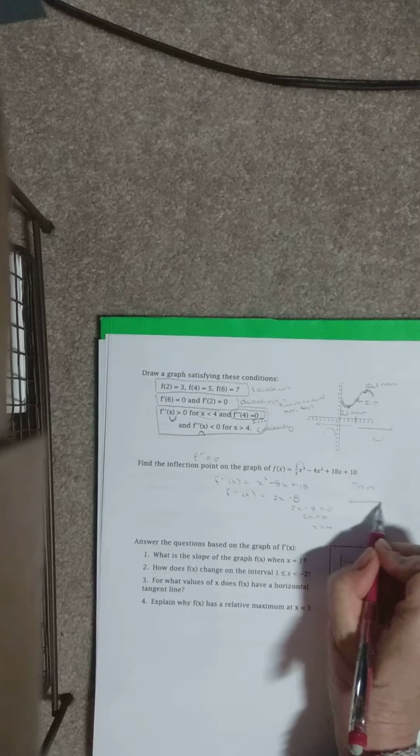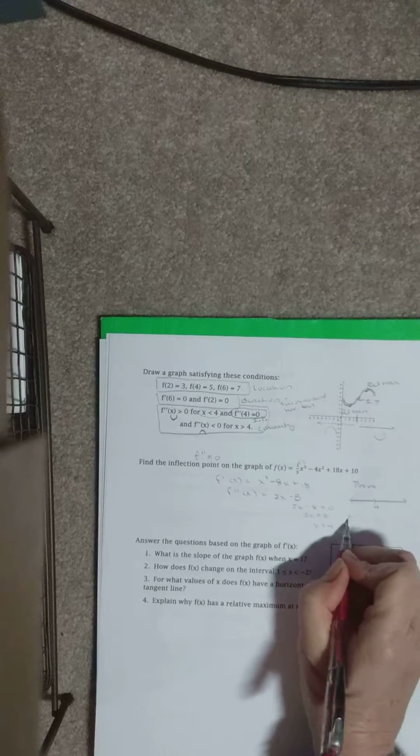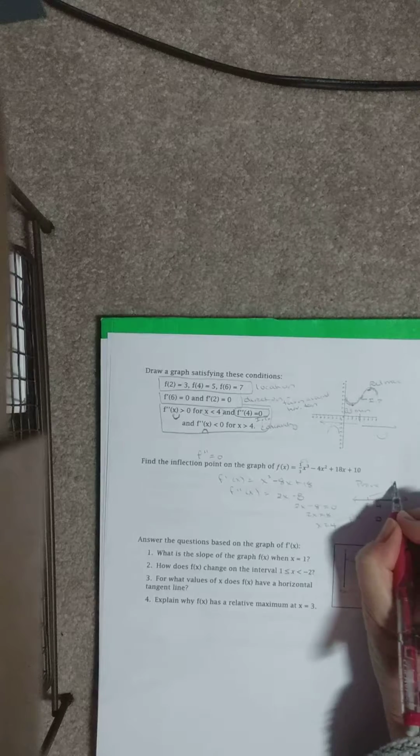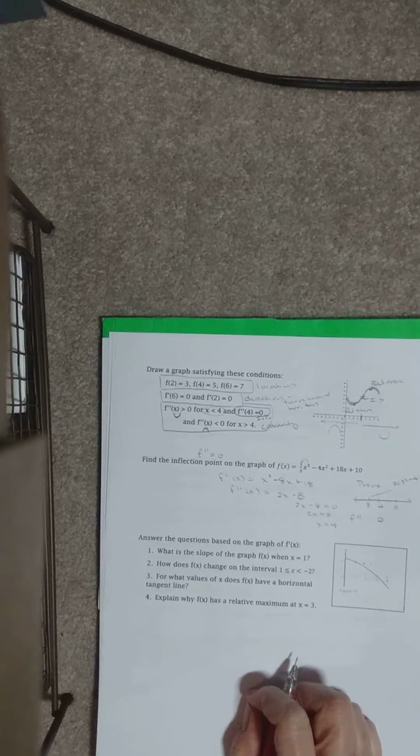But I want to prove it. And in order to prove it, I want to think about the number line where my x values are on the horizontal x-axis. And I want to notice that the second derivative was 0 when x was 4. But I want to know what the second derivative was when x was 3 and when x was 5, so I can see whether I had a change in concavity or not. So if I plug 3 into the second derivative, I get a negative value out.